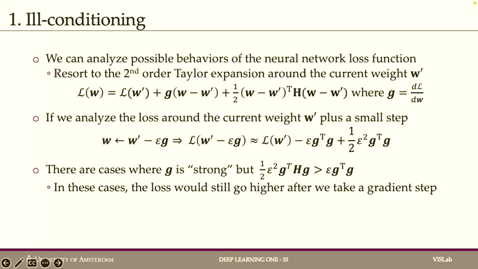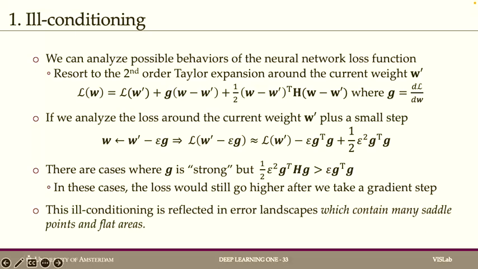So ill conditioning can lead to the point that actually we go up the gradient and have a higher loss function than before. And yeah, in neural networks, this means we have plenty of, or almost only saddle points and plenty of flat areas which do not have gradients.